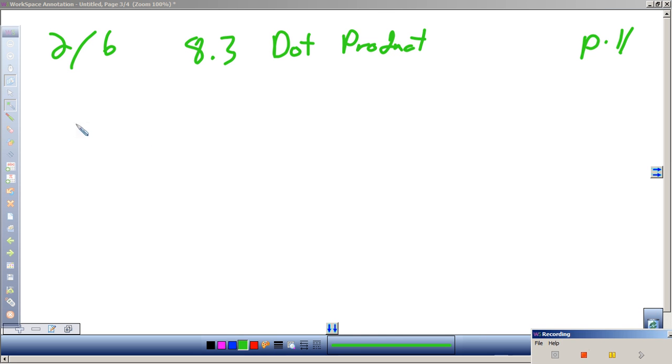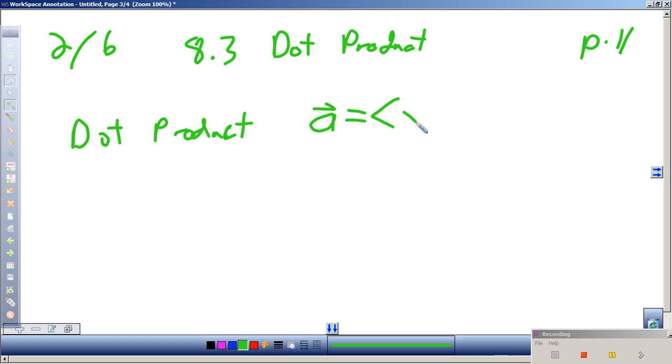So the dot product is a multiplication of vectors. Given, let's say, vector A is x1, y1, and vector B is x2, y2.